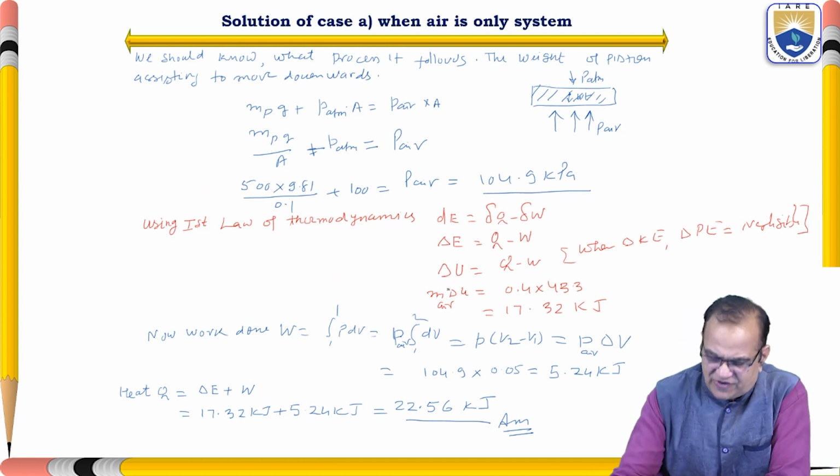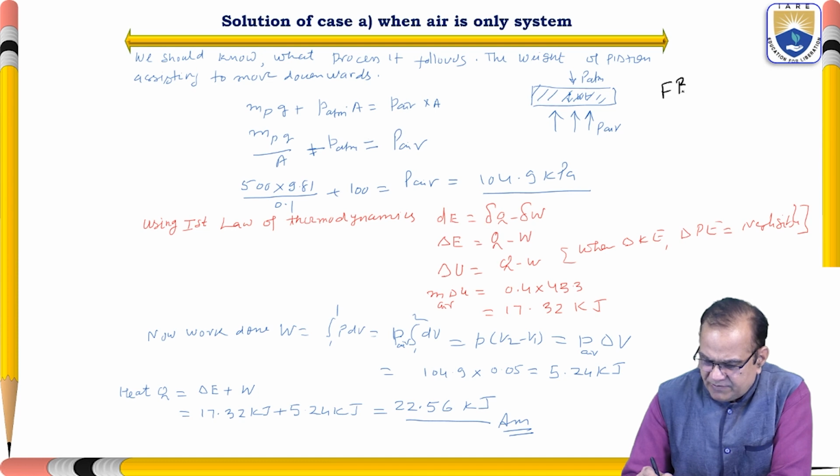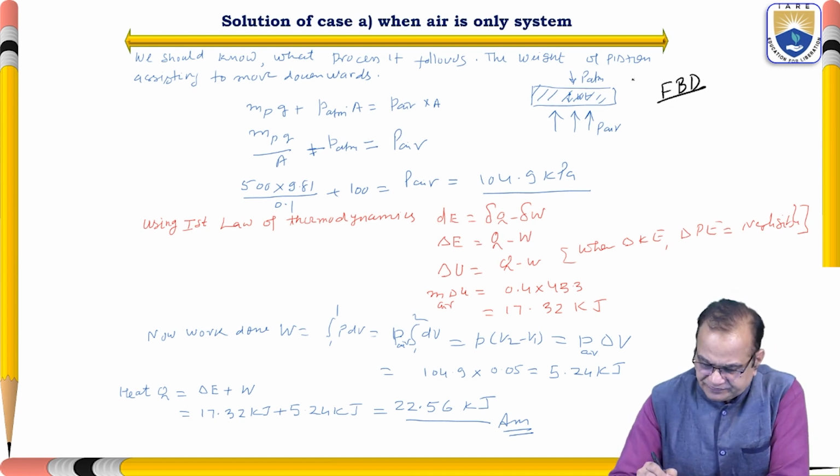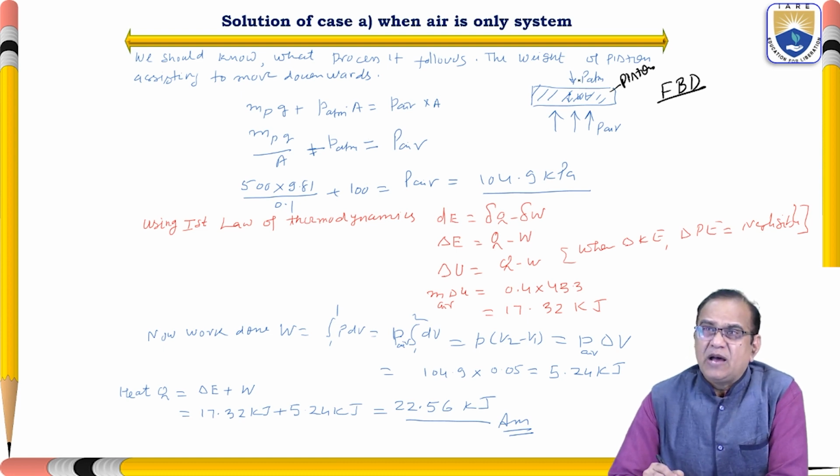First we have to make the free body diagram, FBD, of the piston here. From the top, the atmospheric pressure, P atmosphere, will act. From the bottom, the air pressure will be acting, and the weight of the piston will also act downwards.